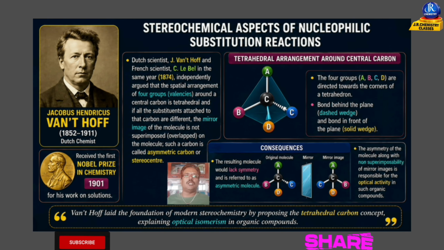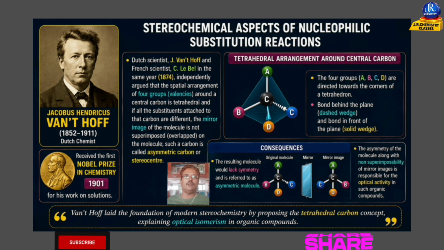Dutch scientist J. Van 't Hoff and French scientist Le Bel, in the same year 1874, independently argued that the spatial arrangement of the four groups, valencies, around a central carbon is tetrahedral. And if all the substituents attached to that carbon are different, the mirror image of the molecule is not superimposable on the molecule.